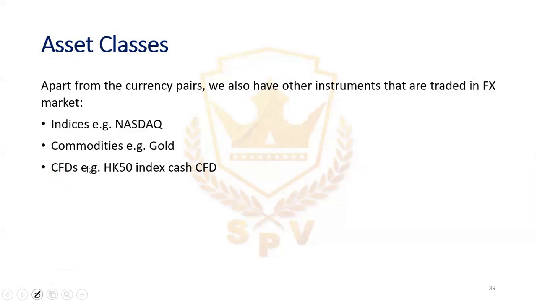An index, for example the Nasdaq, measures the price performance of a basket of securities using a standardized metric and methodology. For the Nasdaq 100, it measures 100 big tech companies in the United States.